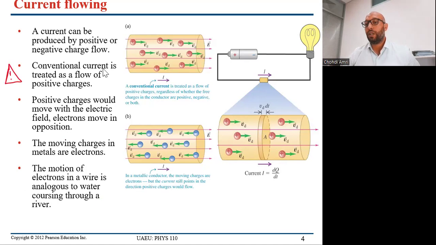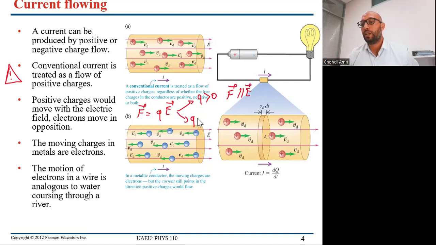Okay, the conventional current is treated as a flow of positive charge, and it's opposite to the direction of the negative charges. Positive charge will move with the electric field. Electrons move in opposition. And this is evident because the force is equal to Q multiplied by the electric field. If Q is positive, in this case, E is parallel to the electric force.